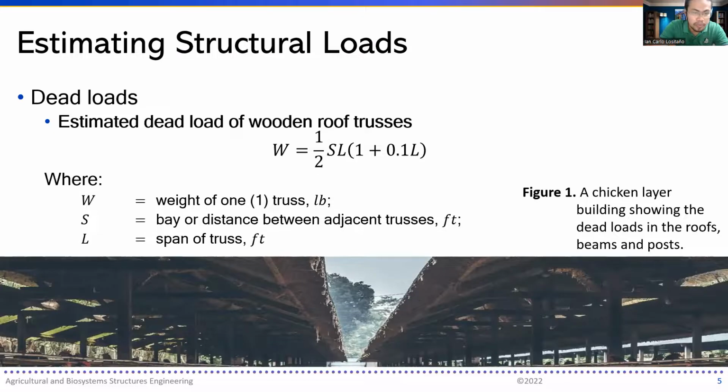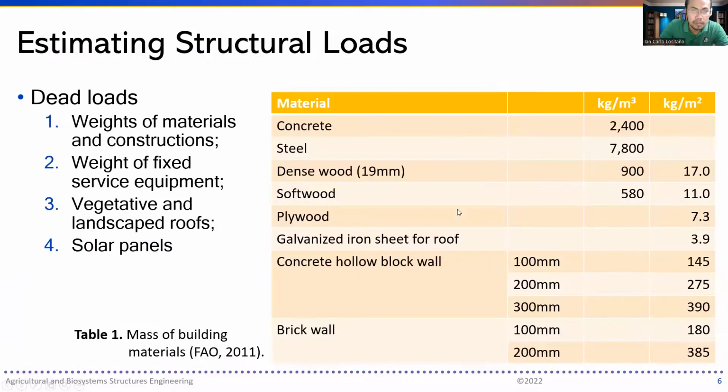This could be applied, for example, in the wooden roof truss of the chicken layer building shown, with the dead loads in the roofs, the beams, and the posts. And this equation can be used for the wooden roof trusses as shown in the image.